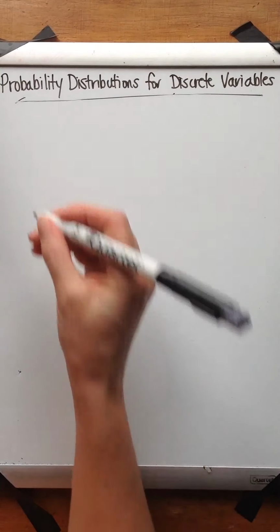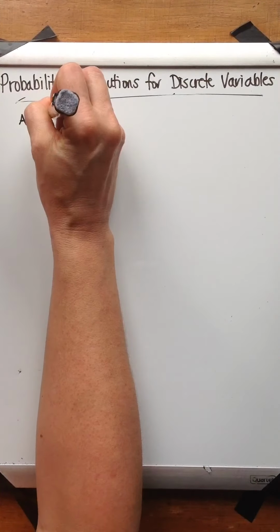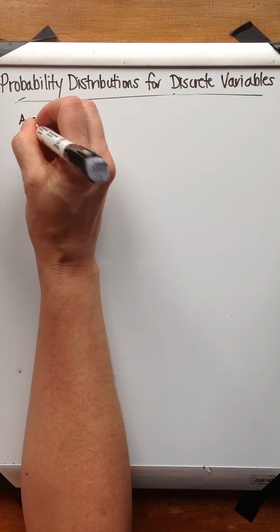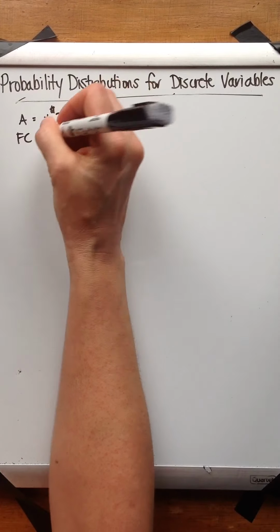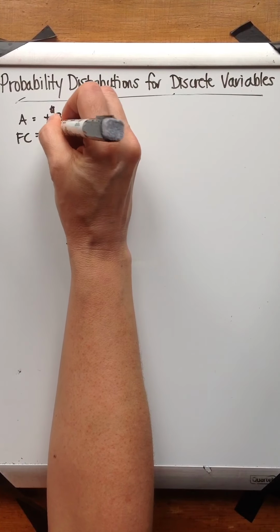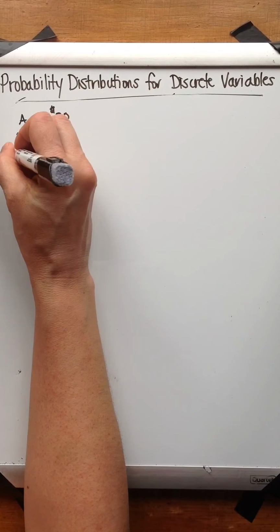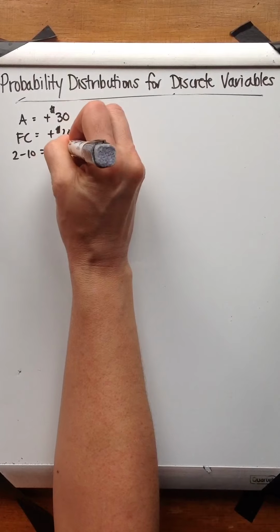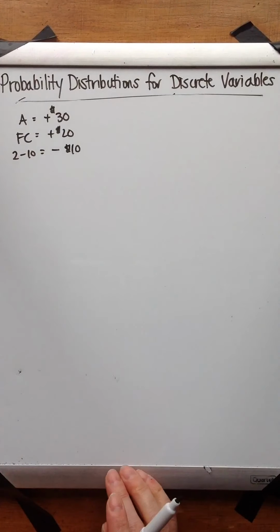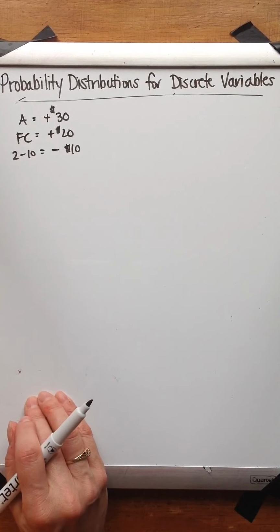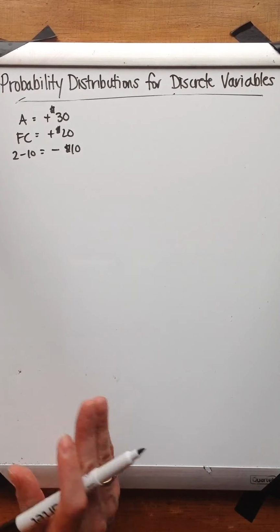If they get an ace, they'll win $30. If they get a face card, then they win $20. But if they draw any other cards, so I'm just going to call it a 2 to a 10, they will lose $10. And so what we're going to do is a probability distribution for this, to see if this is what's defined as a fair game.